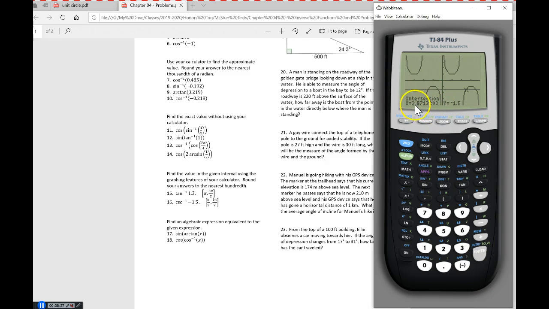Why did you pick that specific point? Because if I looked at my window, my scale is going up by pi over 2. 3.14 divided by 2 is 1.57 and change. So this is pi over 2, pi, 3 pi over 2.